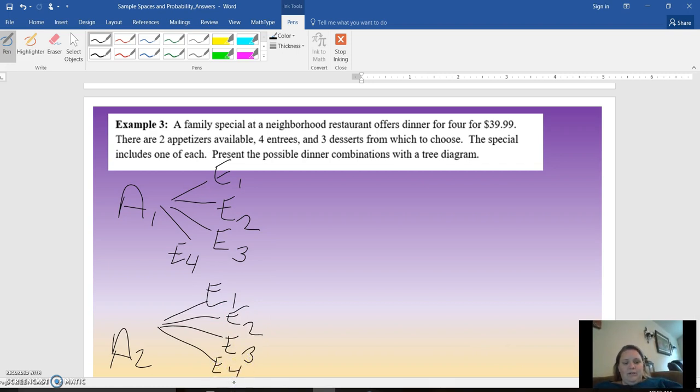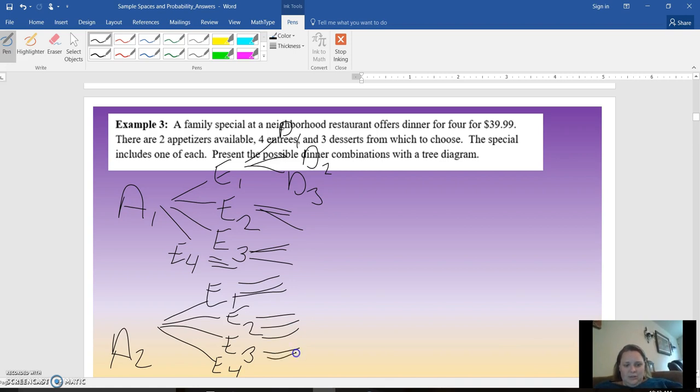And then they have 3 desserts. So then you could go 1, 2, 3. Dessert 1, dessert 2, 3, 3. I'm not writing that D over again. But that's dessert 1, dessert 2, dessert 3, 3, and then this one.